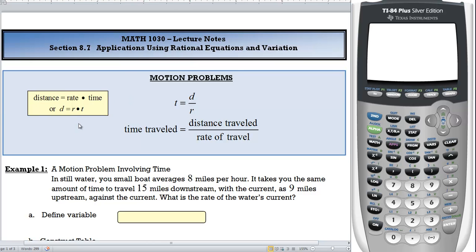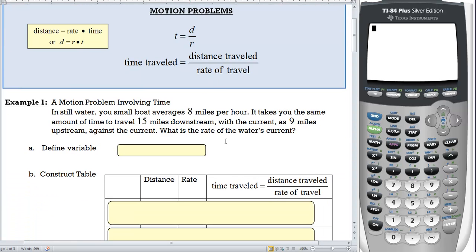In the problems in this book, pretty much the time traveled is always the same. So instead of using D equals R times T, we divide both sides by R, and this is where this formula comes from. So distance divided by rate will give you the time traveled. So this is the formula that you need to know.